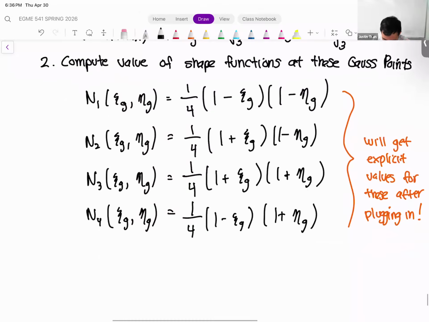All right, step 3. Now that we've computed the shape functions at the Gauss points, or at this Gauss point, let's now compute the shape function derivatives at the Gauss point.